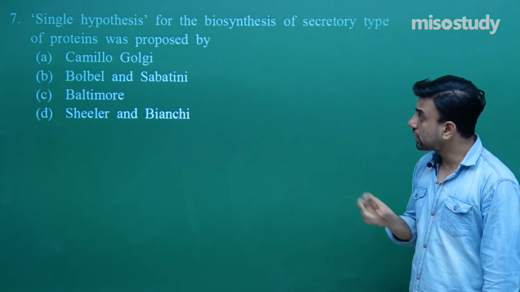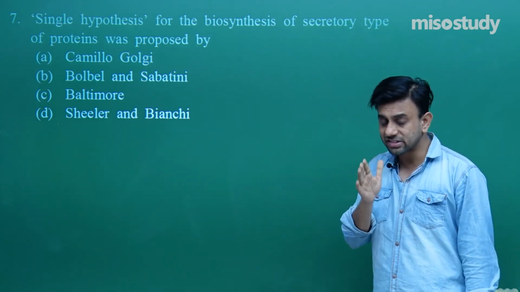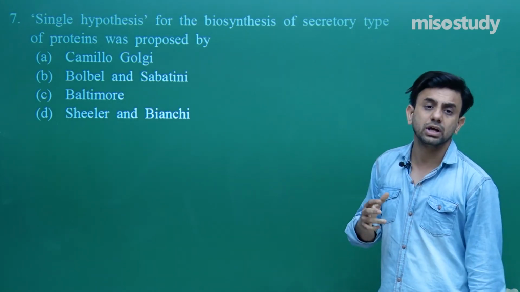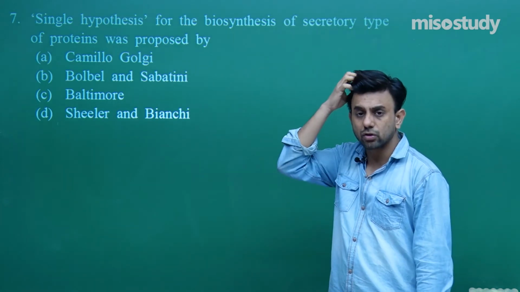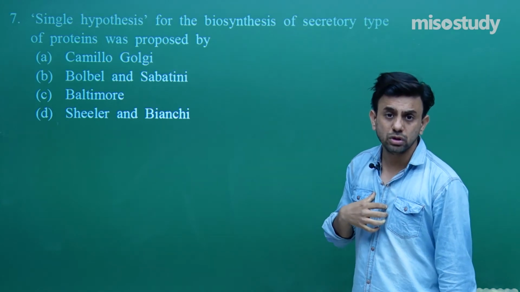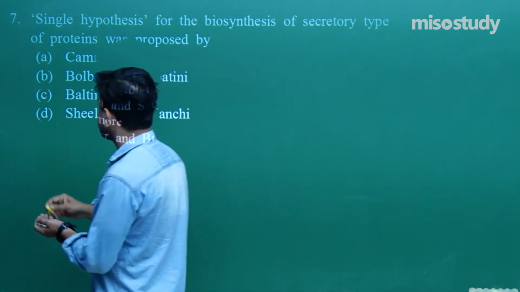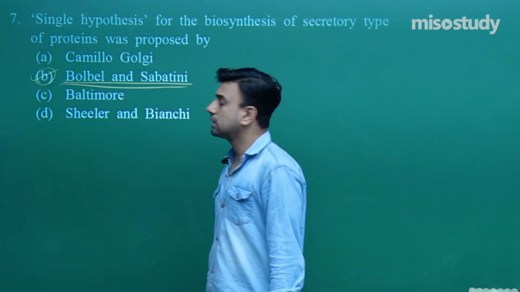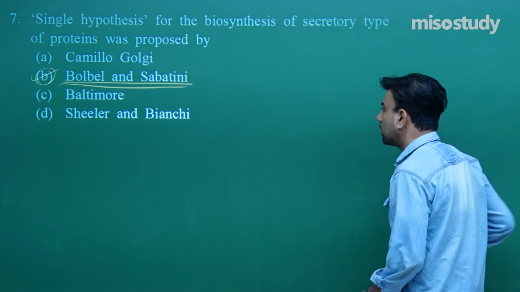So there was a signal amino acid sequence hypothesis, which said that an amino acid sequence at that particular site will guide the protein to its end where it has to reach, and that was given by Blobel and Sabatini. Right, the Blobel and Sabatini signal hypothesis.